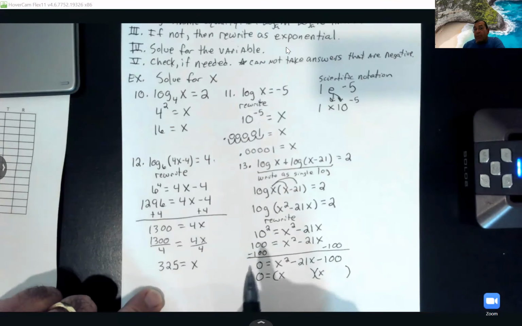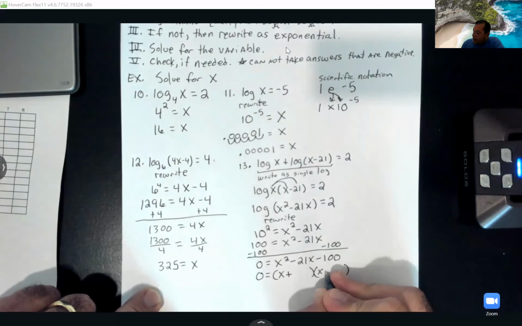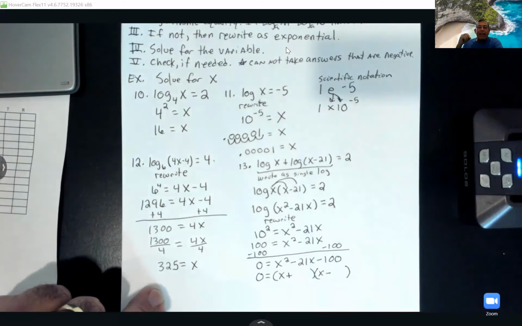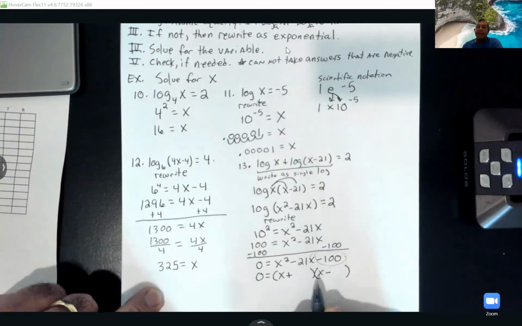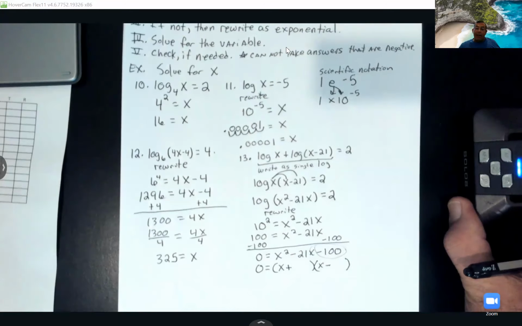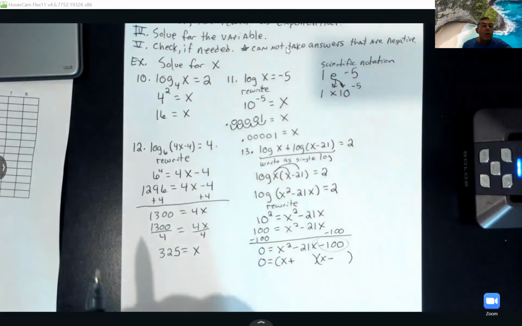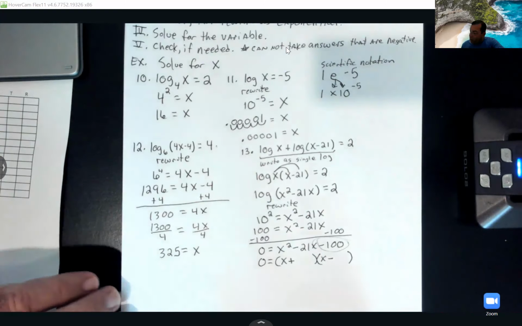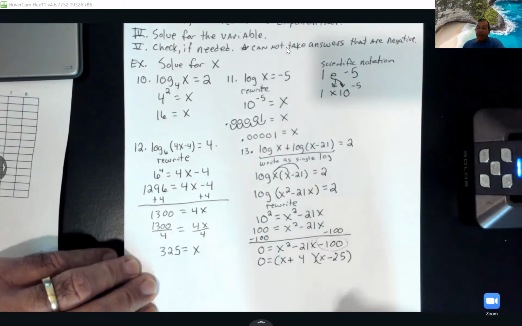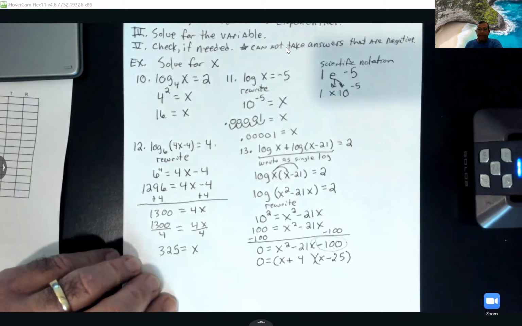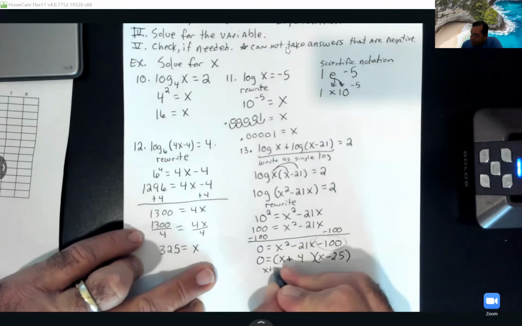On these problems, when you're doing these log equations, one factor will always be positive and one factor will always be negative, because that last number is always going to be negative, okay? So you're going to have unlike signs. But y'all, what I really need are the factors of 100 that will give me 21, and, ooh, y'all got it, 25 and 4, perfect. So the 25 is negative like the middle, and the 4 will be positive.